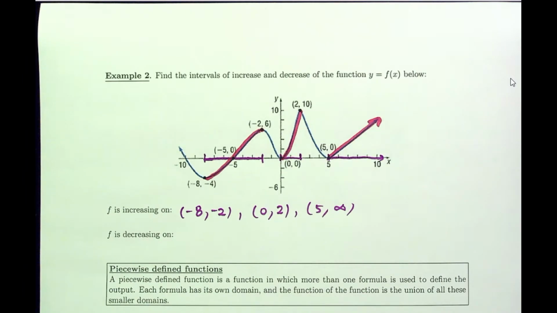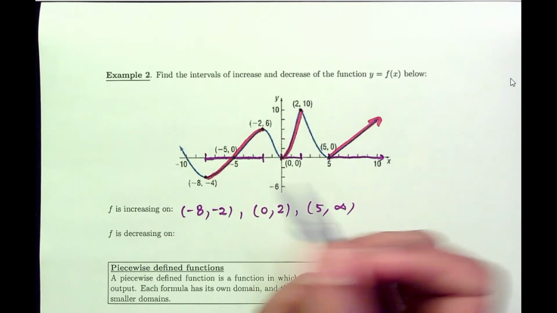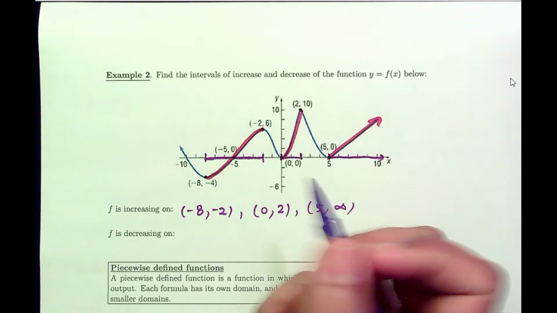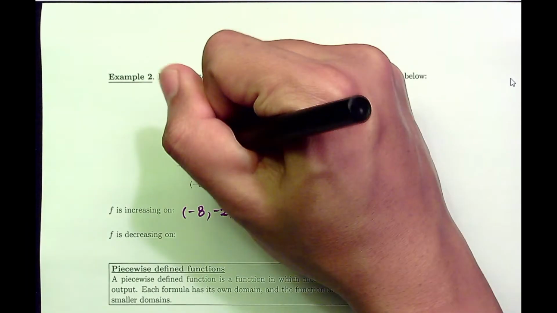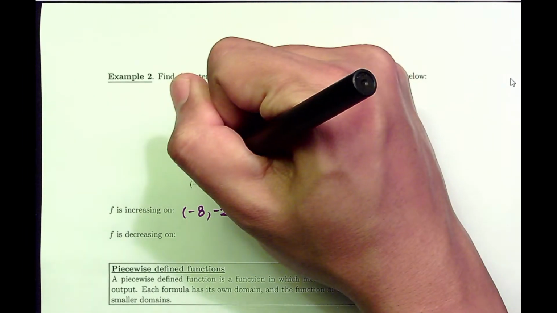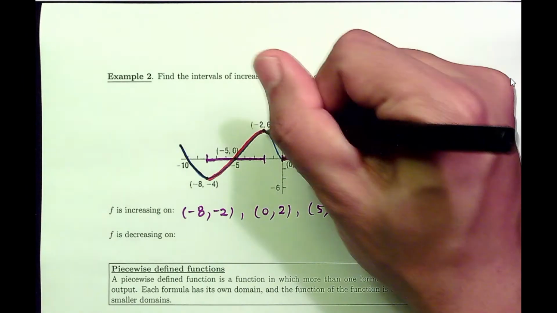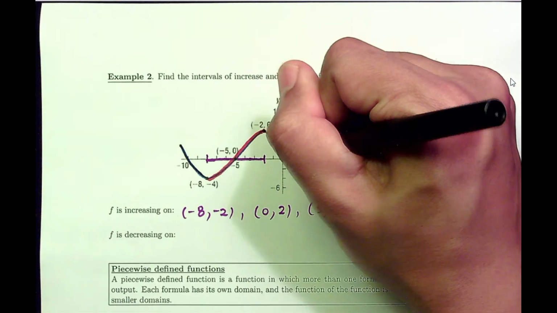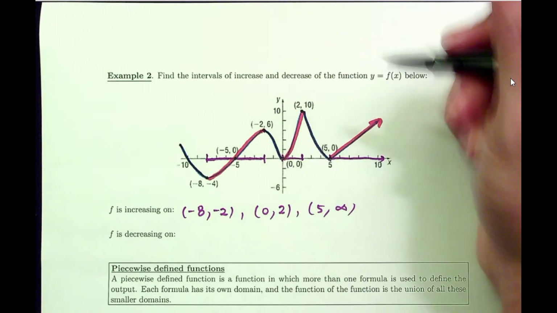All right, and then the pieces where the function is decreasing are basically the rest. So the function is decreasing. Remember, you're always moving from left to right. So you're decreasing in this part, and you're decreasing in this part.